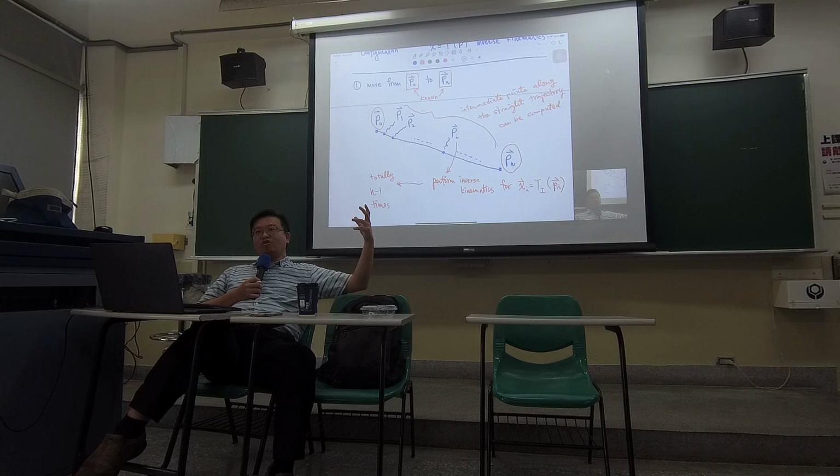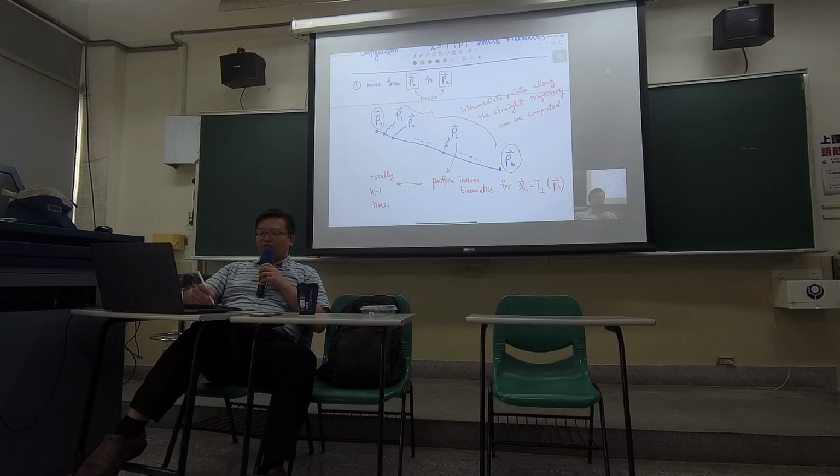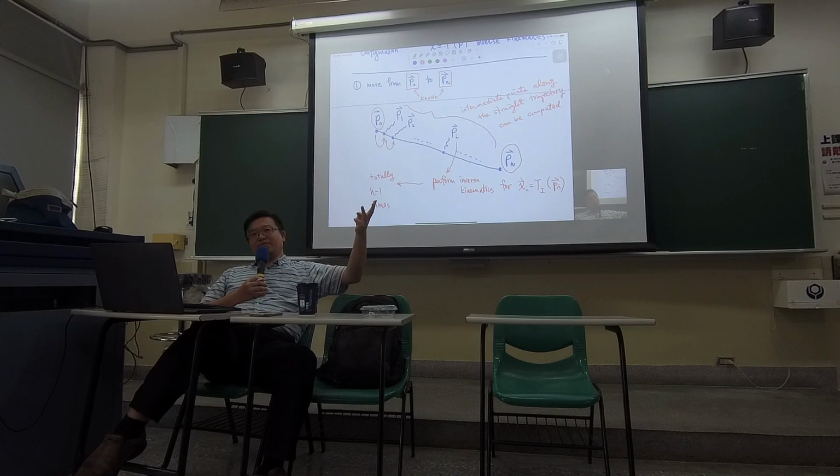Or if you only choose 3 points, then you tell the controller to move from the initial point to the first intermediate point, and then move to the second intermediate point. Let's say there are only 3. After the third one, you directly go to the end point.